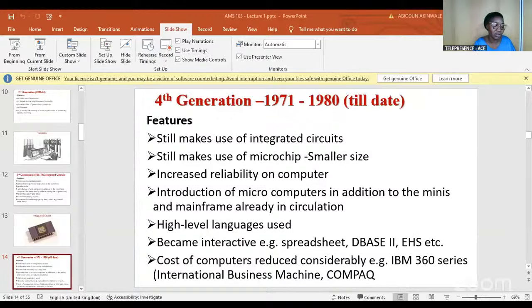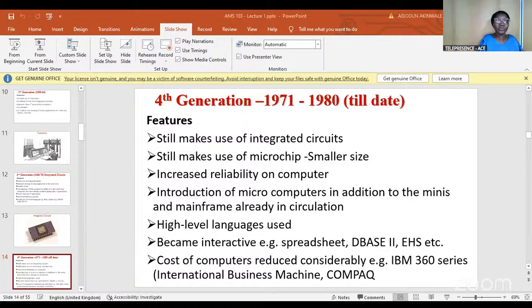Fourth generation computer, 1971 to 1980 as a cutoff, because as we speak now, the fifth generation computers are everywhere. So it may not be correct to say it's from 1971 till date. But of course, the reason for that argument is very understandable, because the components of the fourth generation computer, which is the microchip and the integrated circuit, in addition to other enhancements, are still part of what we use even in this fifth generation.